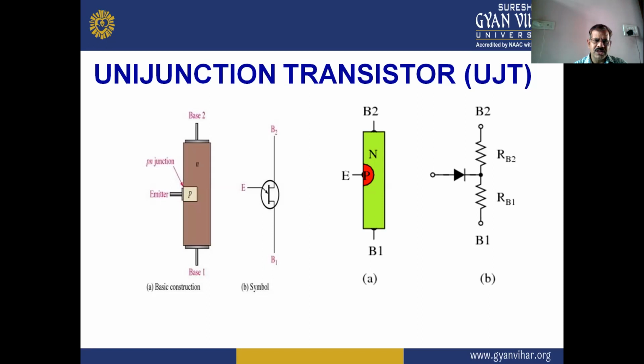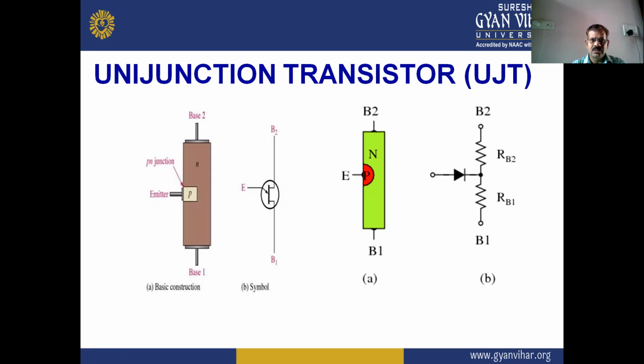So the second figure shows the symbol of the UJT, and the last circuit diagram shows the equivalent circuit diagram of the unijunction transistor.